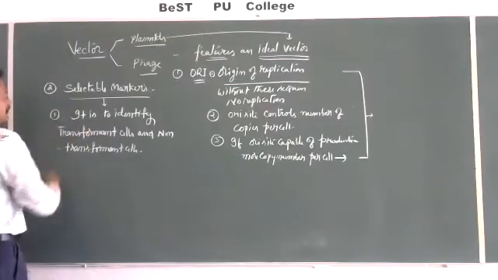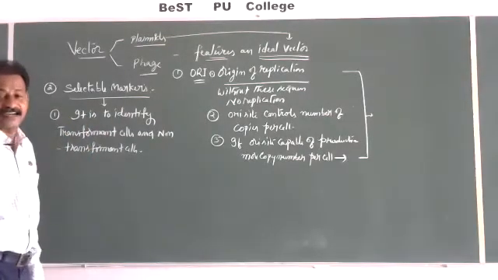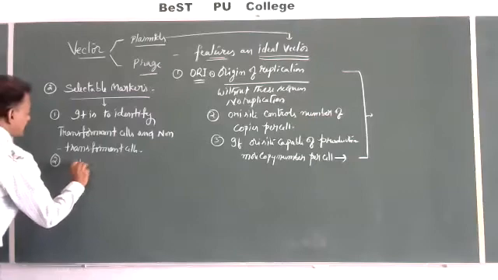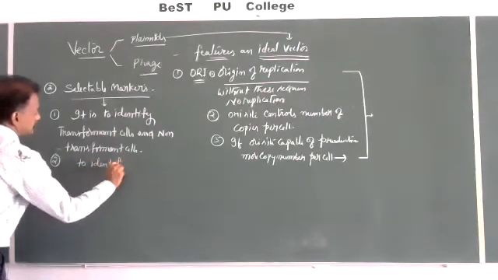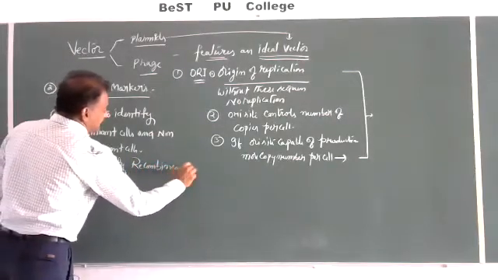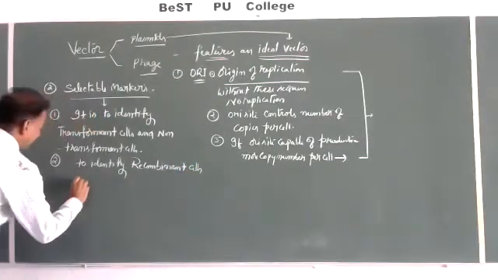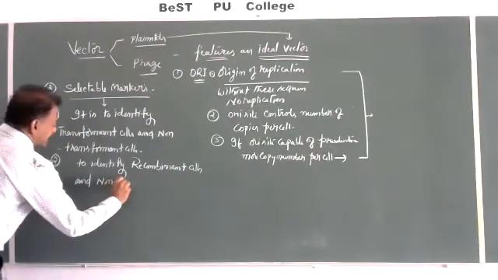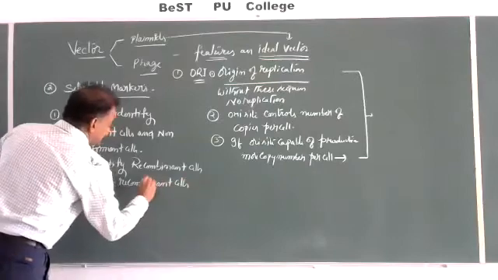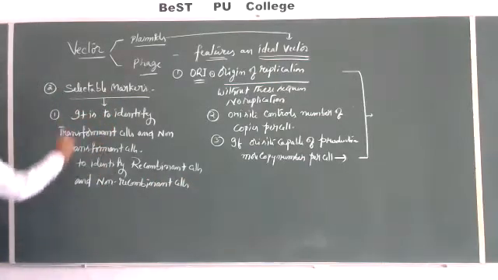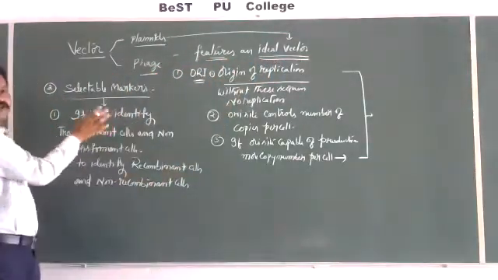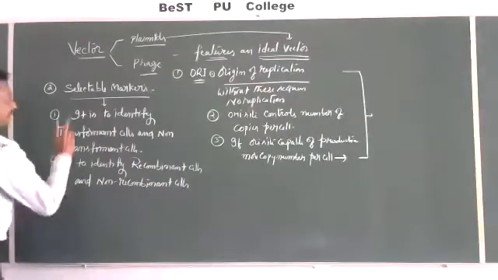It is to identify recombinant cells and non-recombinant cells. We will see all these. A vector, an ideal vector, should have selectable markers. What are these? One or two selectable markers.